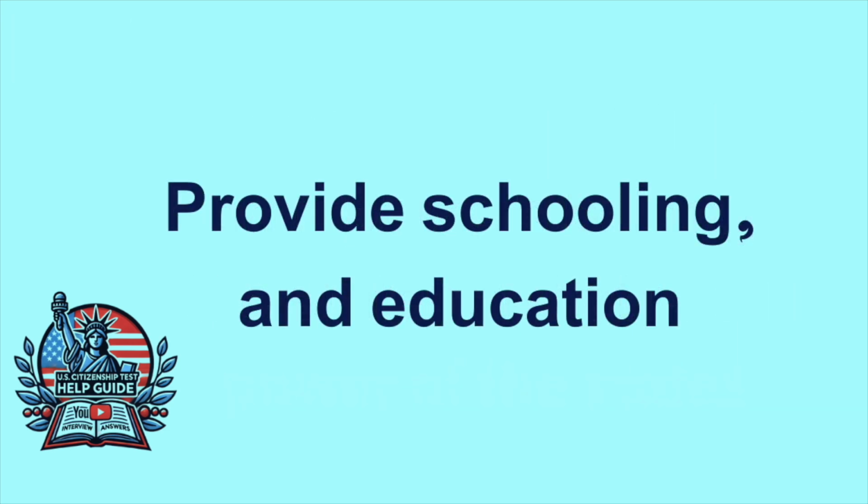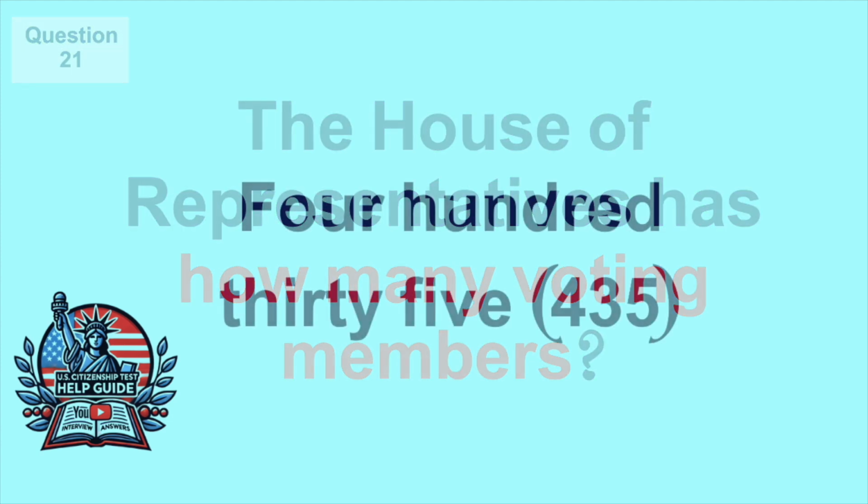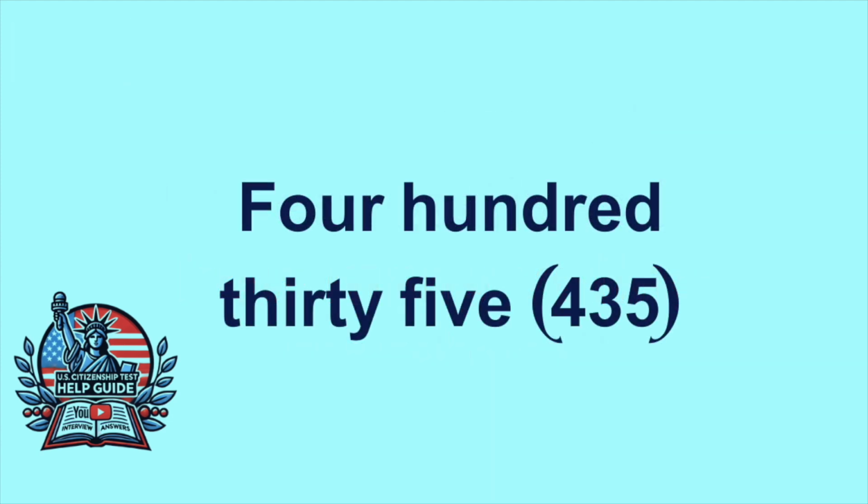Provide schooling and education. The House of Representatives has how many voting members? 435.